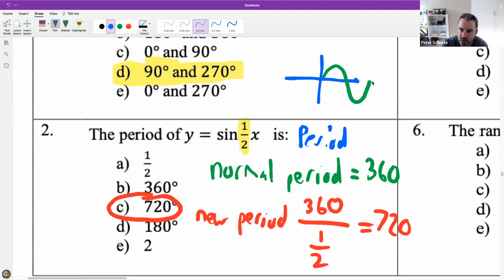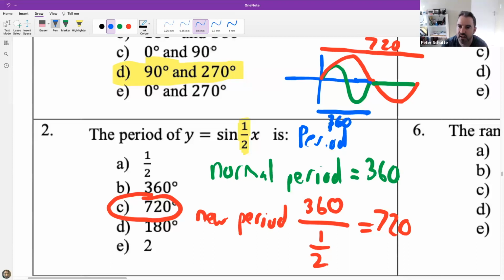If you halve the period, what's going to happen is that it's then going to look like so there, and there. So for a whole sine graph, it's now going to take 720, whereas in the past, it used to only take 360. And so that's what a change of period looks like.